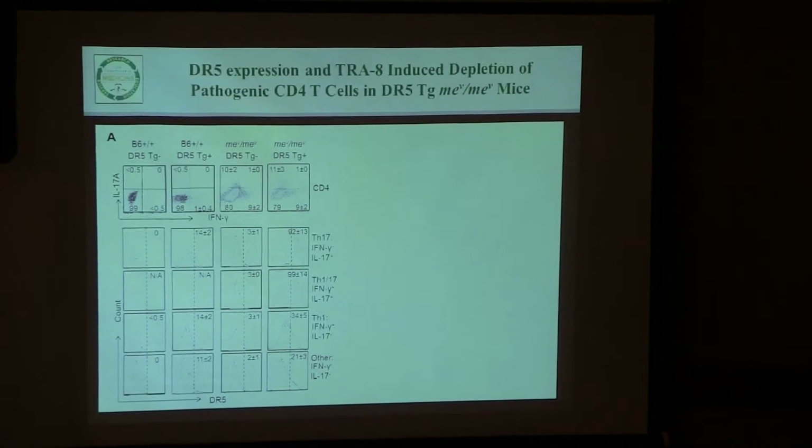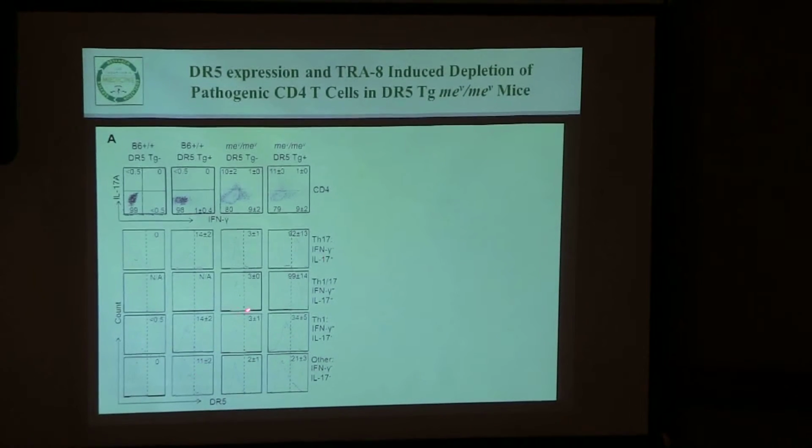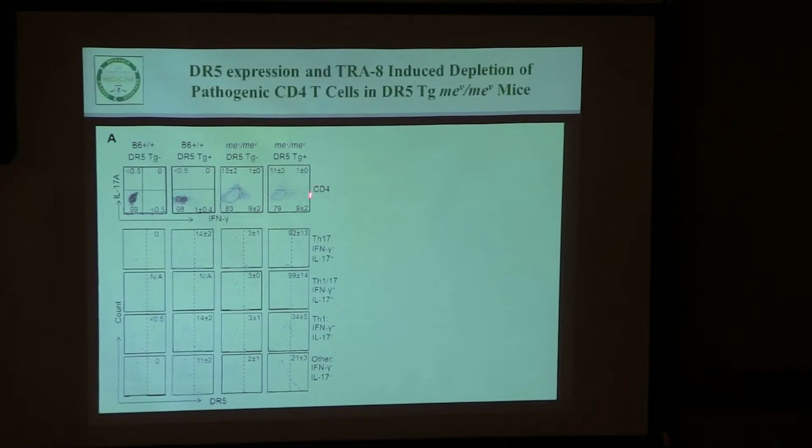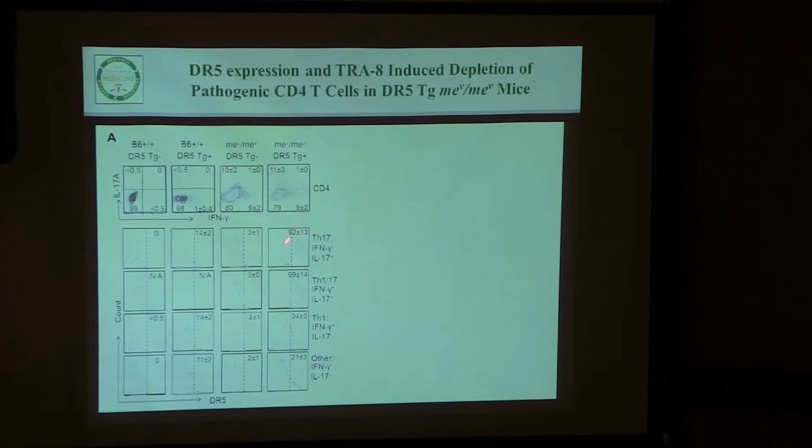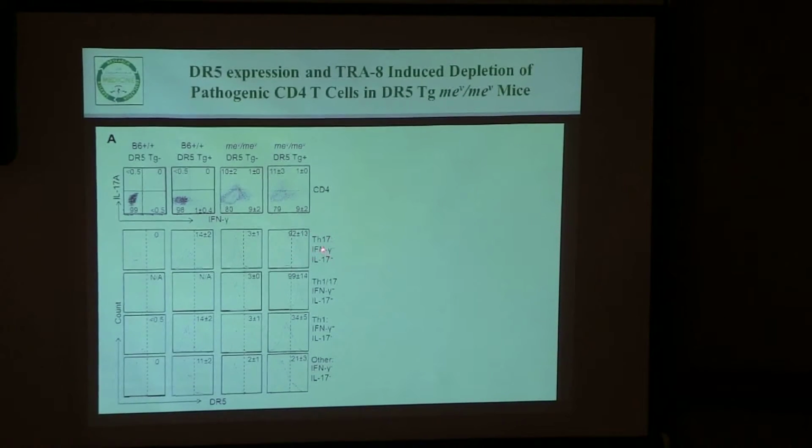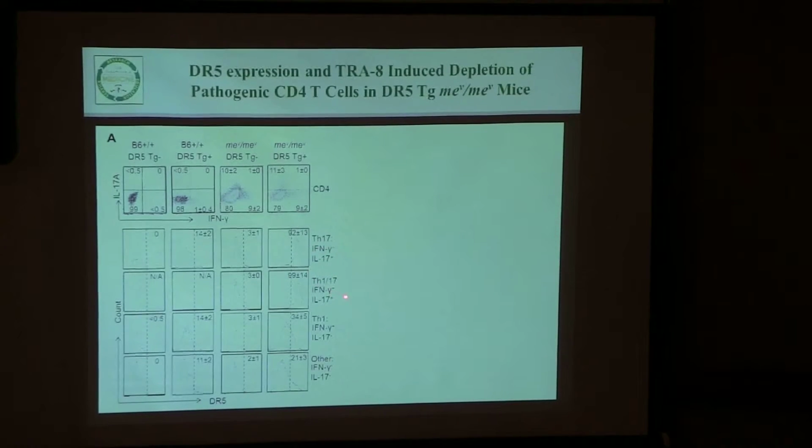We then looked at the different subsets of T cell, including Th17, Th1, and we found that the transgenic DR5 is highly expressed in the Th17, followed by Th1.